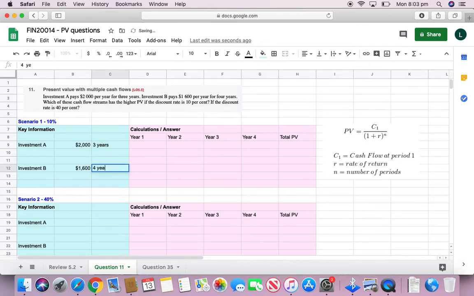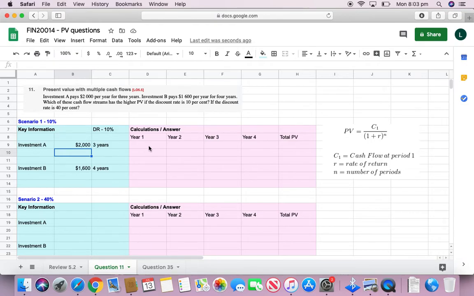Which of these cash flow streams has a higher PV at the discount rate of 10%? And then what happens if the discount rate is 40%? So scenario 1 here, I've put 10%, and scenario 2 here, I've put 40%.